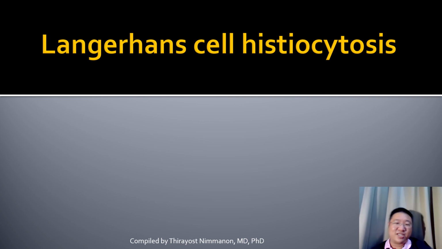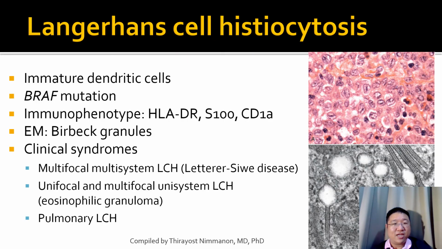And the last group of white blood cell neoplasms is the Langerhans cell histiocytosis. So it is a tumor of dendritic cells, immature dendritic cells. It is associated with BRAF mutation and immunophenotype. CD1a is quite unique for this type of cell.